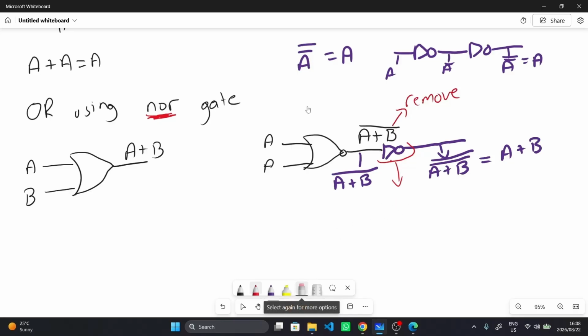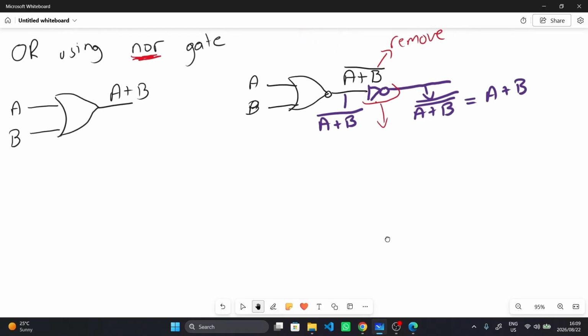We just need to change that, so your diagram will be something similar to this. You have your NOR gate, then again your NOR gate acting as a NOT gate.